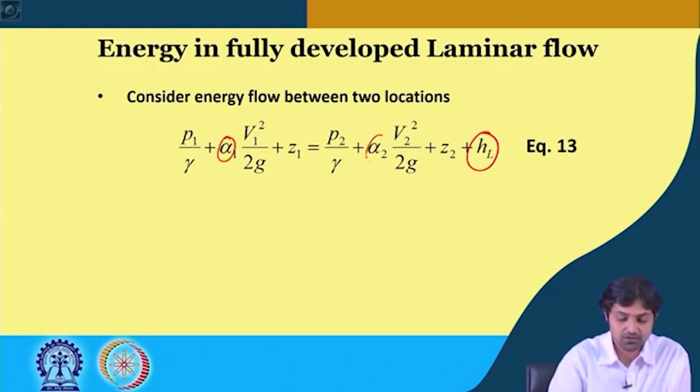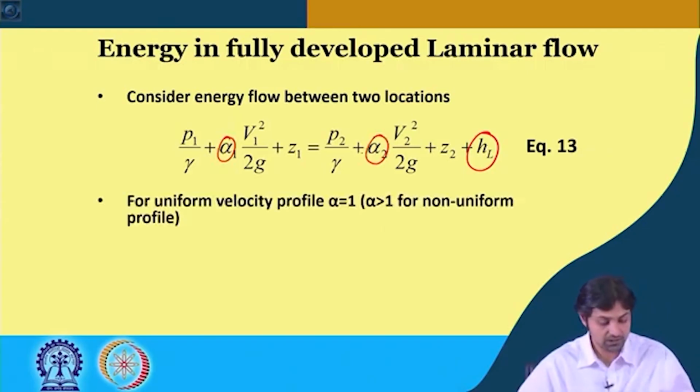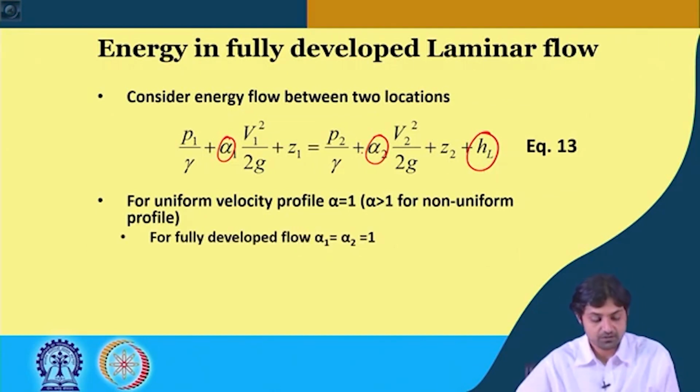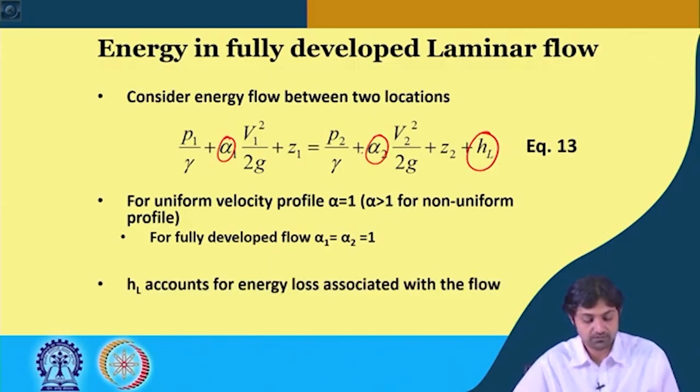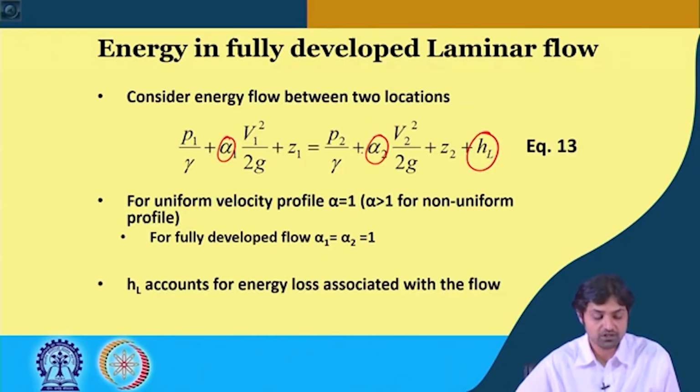This alpha 1 and alpha 2 we take as 1 for the uniform velocity profile, and alpha is greater than 1 for a non-uniform velocity profile. We are assuming alpha is equal to 1 because our velocity profile is uniform. So, for fully developed flow alpha 1 is equal to alpha 2 is equal to 1, and here the head loss accounts for energy loss associated with the flow, that I have told you before.